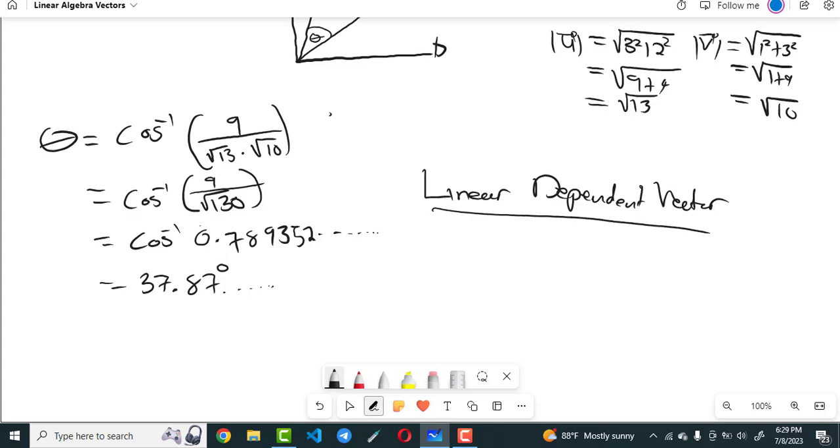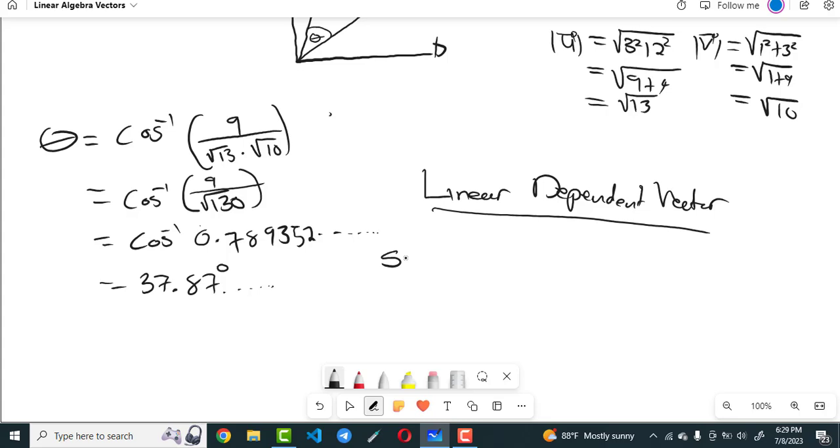Here, we are looking into a set of vectors which are linearly dependent if there is a linear combination of the other vectors. For example, if we are given two vectors, is there any linear combination between those vectors? For example, we have a set of vectors.